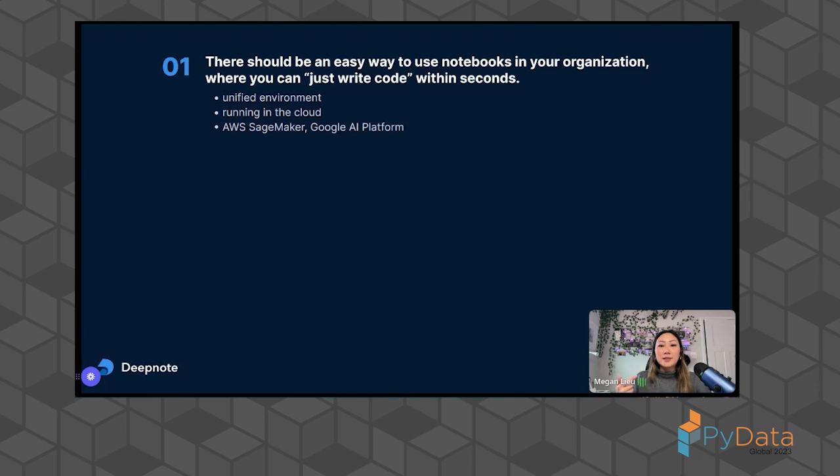But this is not a good practice when the company needs to scale. And so when you turn to cloud-based notebooks, those individual setups are prepared for scalability. Some good cloud-based notebook platforms are AWS SageMaker and the Google AI platform.